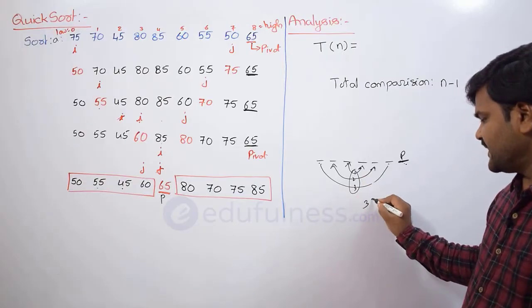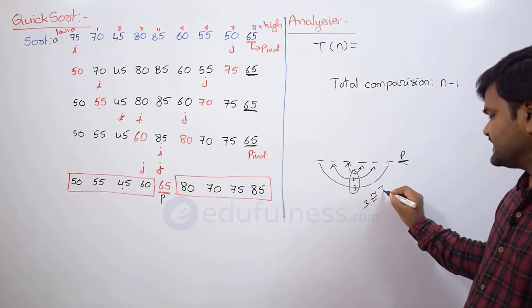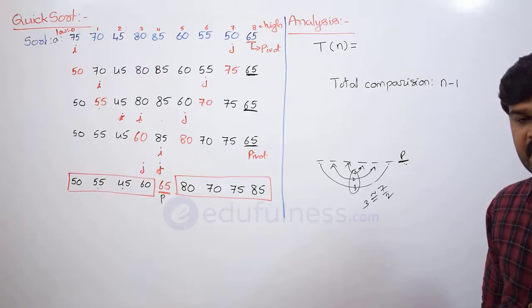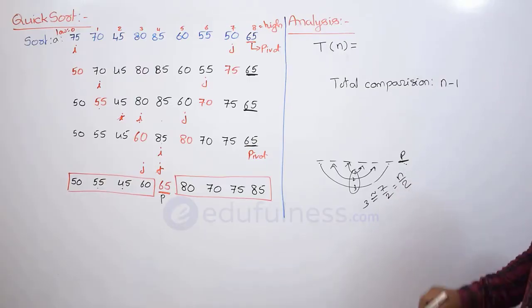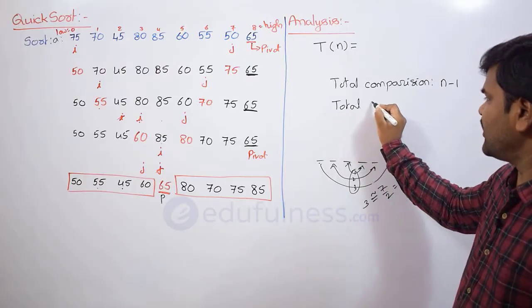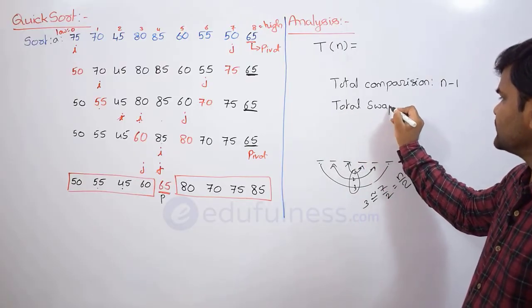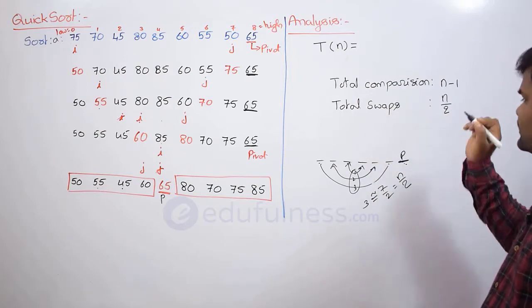What is 3? Nothing but approximately 7 by 2. Is it or not? So that means it is approximately n by 2. So total swaps we performed is n by 2.